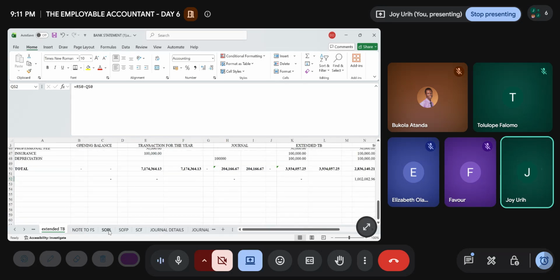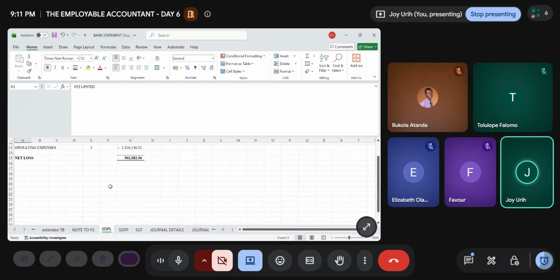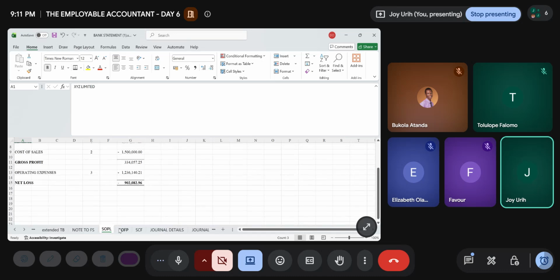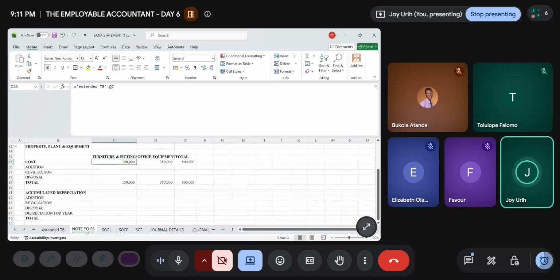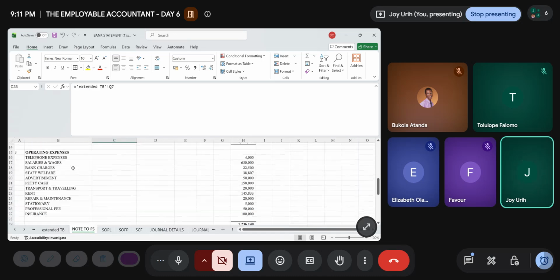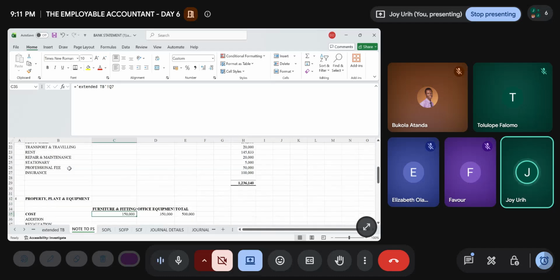So the next thing we want to do is to incorporate it in the financial statement. I'll go to the note to the account. For the depreciation, I will come under operating expenses, I'm bringing my depreciation. Remember, it was not there before, so I need to bring it in.